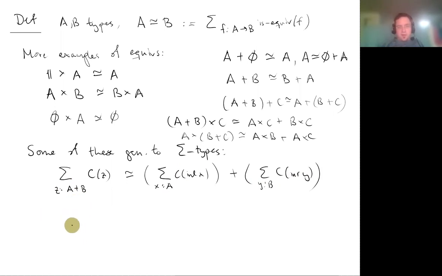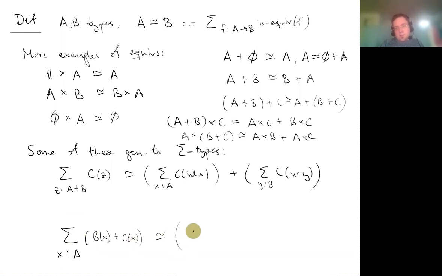It looks a little bit different. This time you have two different type families, B and C over A, and you can form the sum in the context of a variable, and then you can take the sigma type. So you could say sigma x in A, B of x plus C of x, and then you can distribute that out.